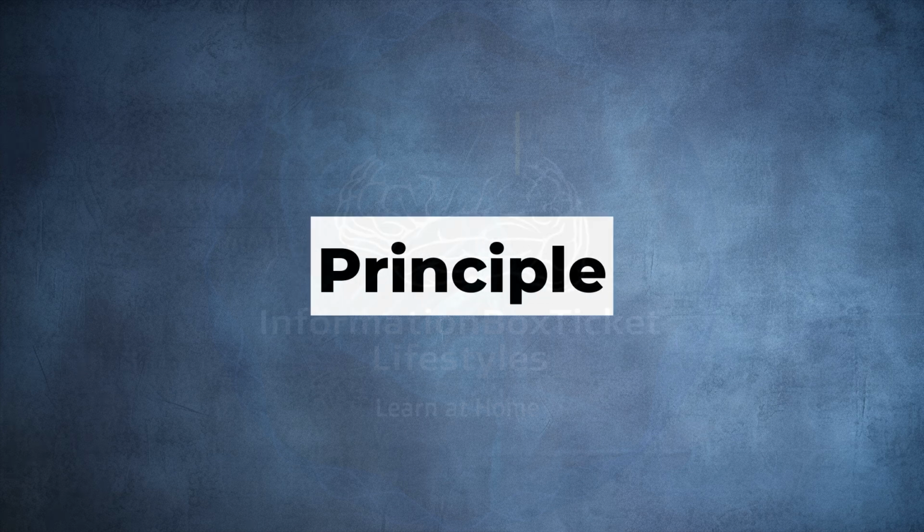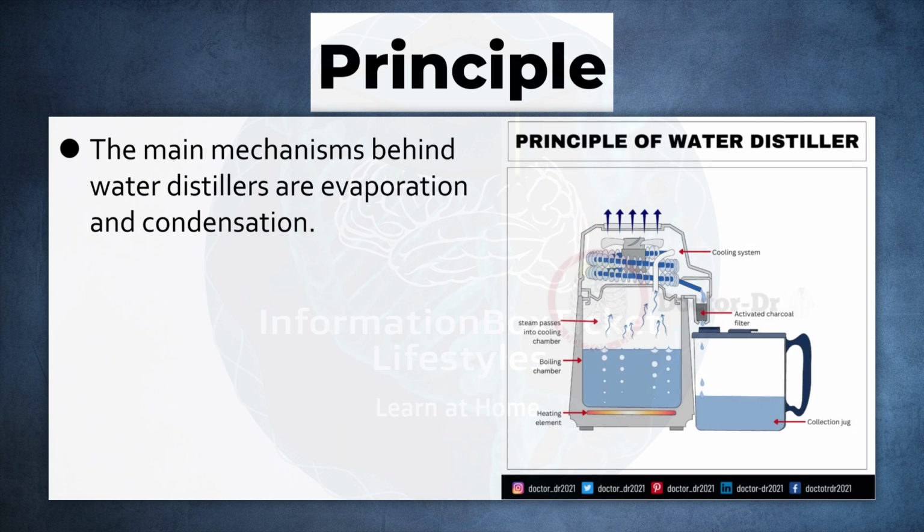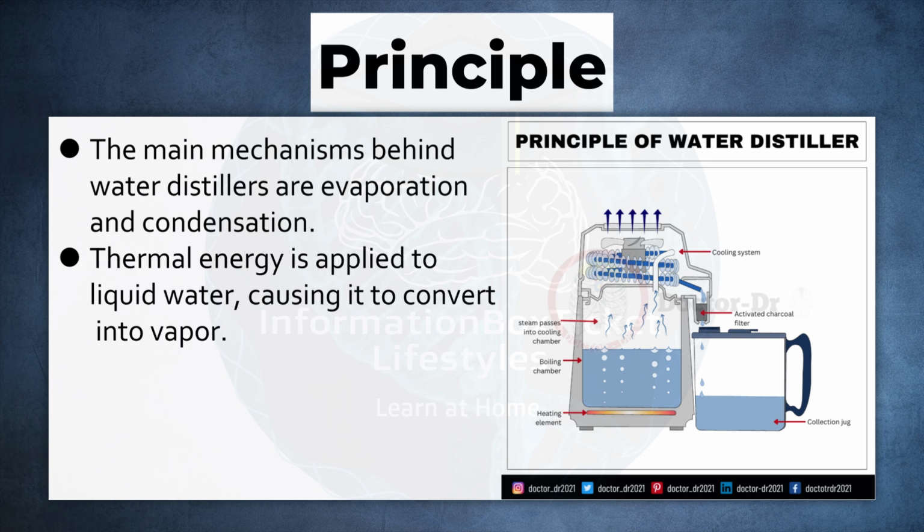Principle of water distiller. The main mechanisms behind water distillers are evaporation and condensation. Thermal energy is applied to liquid water, causing it to convert into vapor. As water vaporizes, its molecules separate from other dissolved or mixed substances.